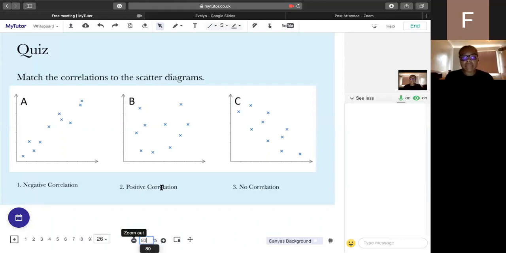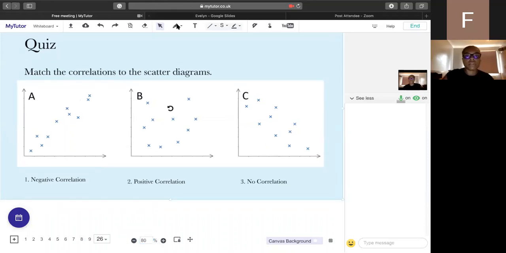So A, we could draw a line that goes through the points, from the bottom going upwards like this. I'll quickly show you. And that line would have a positive gradient, wouldn't it? So that would be a positive correlation. These two would match up together. B, we can't draw a very obvious line that would go through any of these points that would make it more obvious to see what's going on.